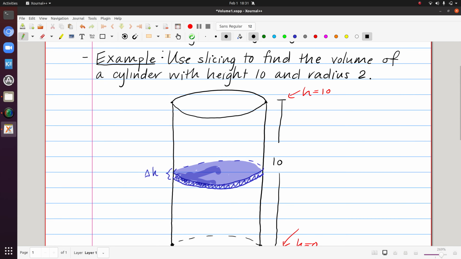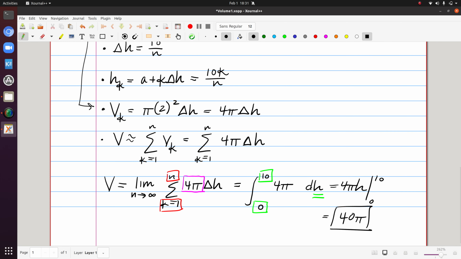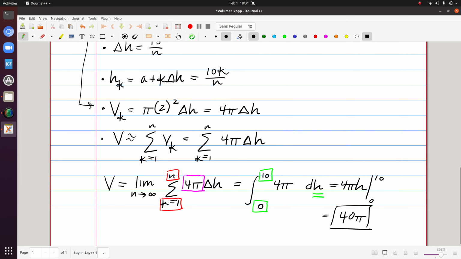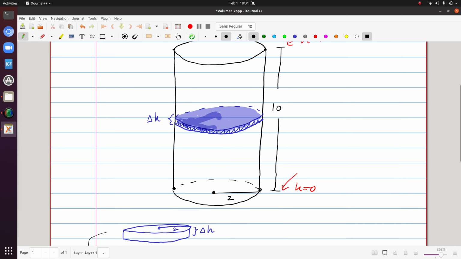And like I said, we're going to go through this same exact kind of setup here that we've established, finding the change in h or whatever the variable might be, getting this to a point where I can then find the volume of a particular slice, add those together, and then work our way toward setting up a definite integral to get the exact volume.